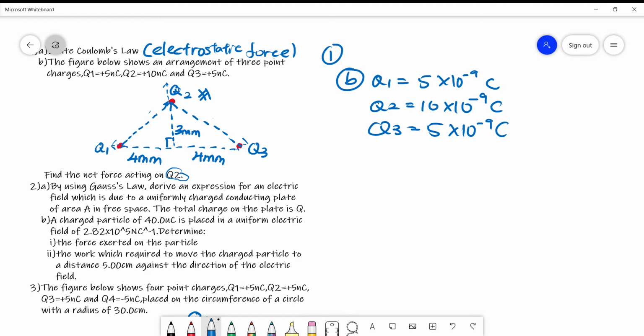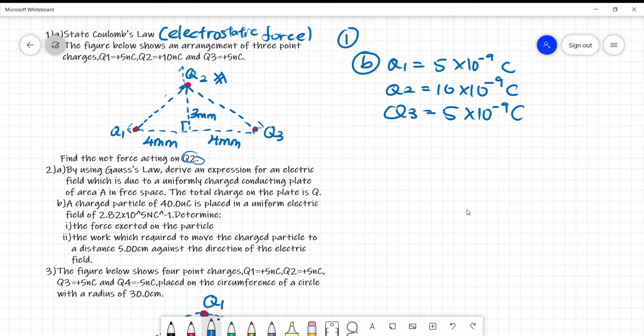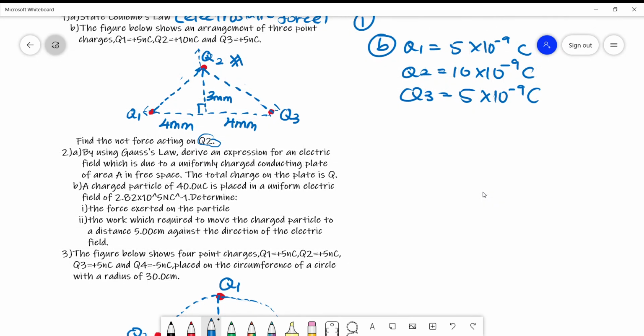First of all, okay, let me just write it down. We know that this is Q2 and this is Q1. Since both of them are positive charges, Q1 and Q2 are repelling, so they repel each other.